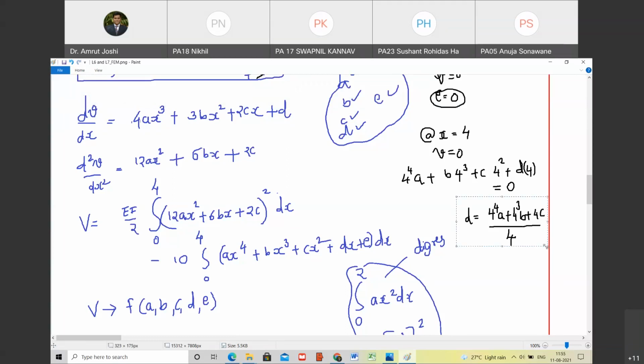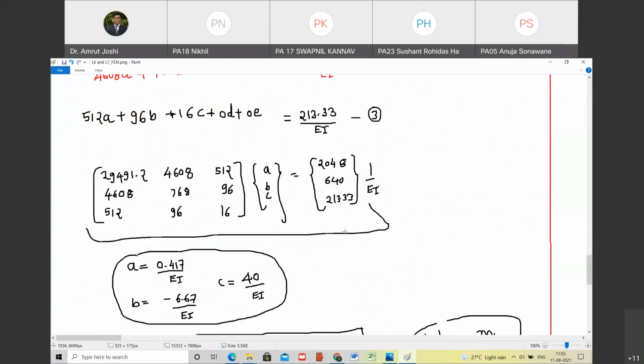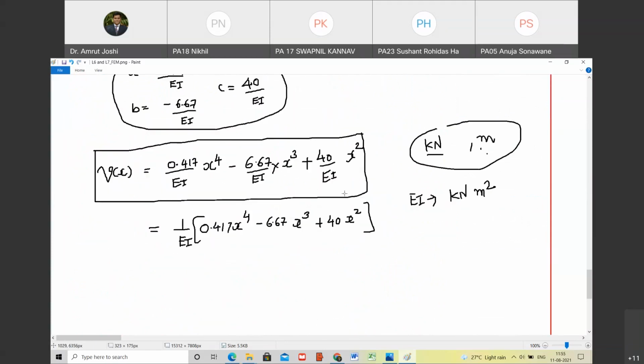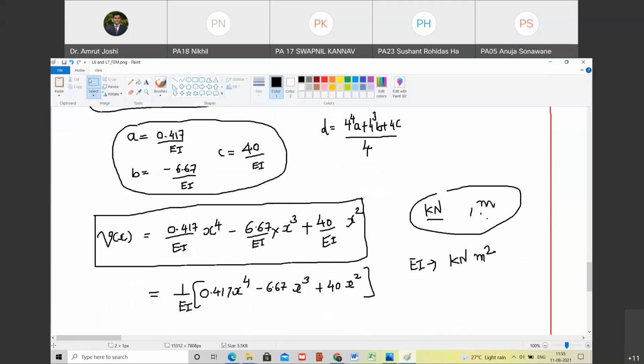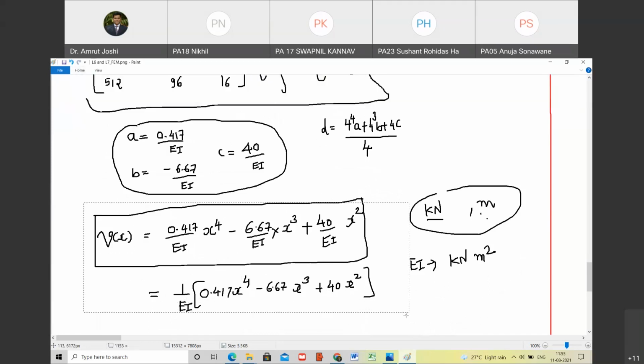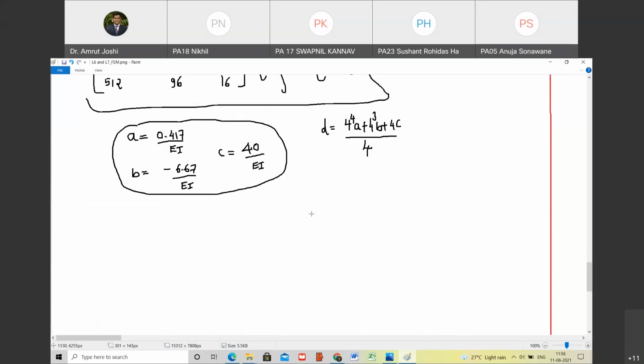Now let us come back here. In this expression, let me write down the value of D. Can you calculate D from these values of A, B and C? Very good. We have finally found the mistake. So let us do this.